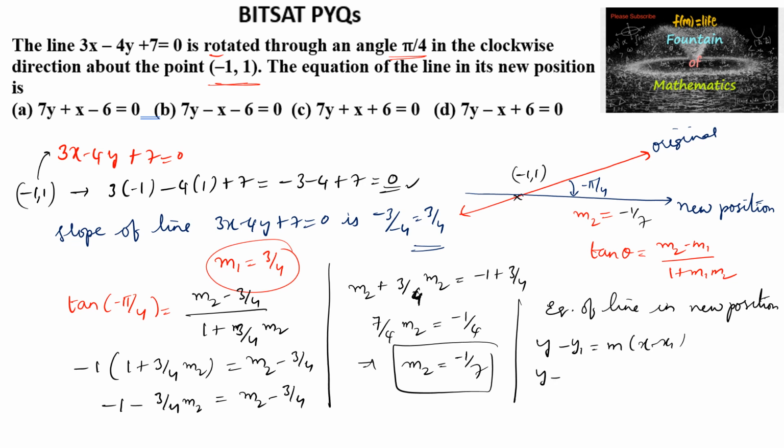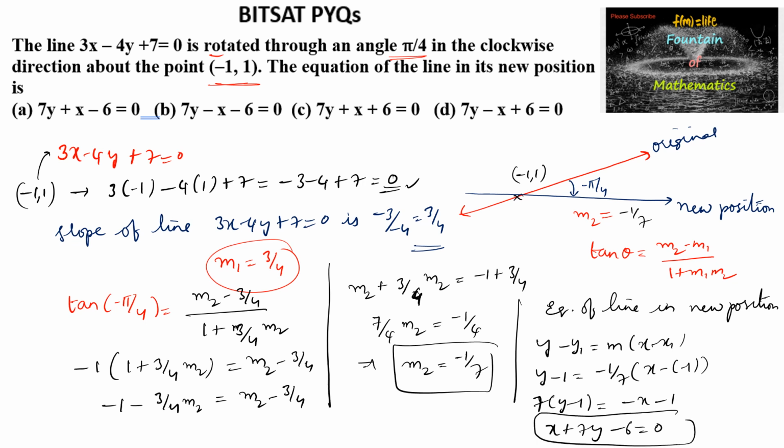So we can write y minus 1 is equal to minus 1 by 7 times (x minus of minus 1). That is 7 times (y minus 1) is equal to negative x, and this is negative 1. So we can write x plus 7y, and here minus 7 plus 1, that is minus 6, is equal to 0. So x plus 7y minus 6 is equal to 0, which is option A. So we can go with option A.